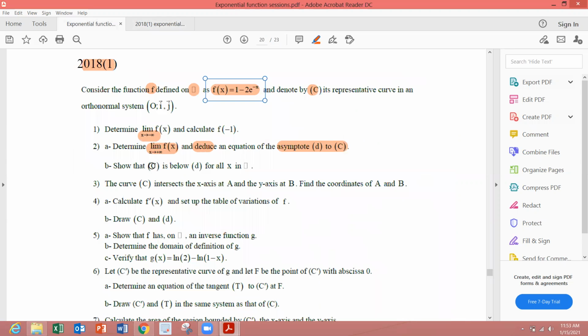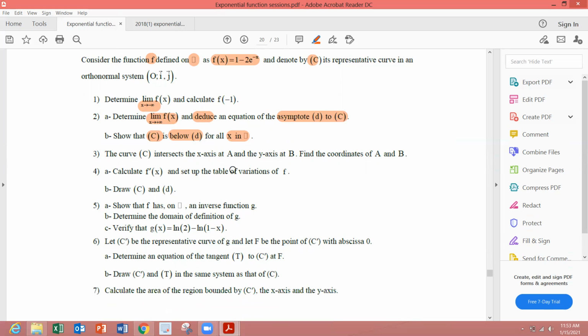Show that C is below D for all x in R. How to verify that C is below D? We study f(x) minus y_D, which is f(x) minus 1. What will be its sign?